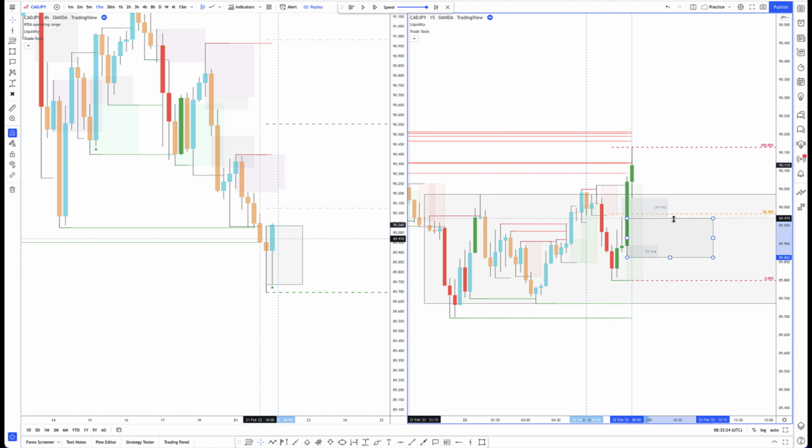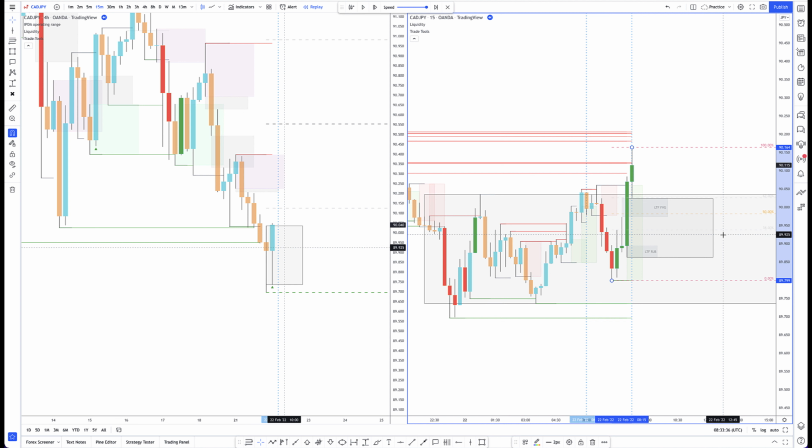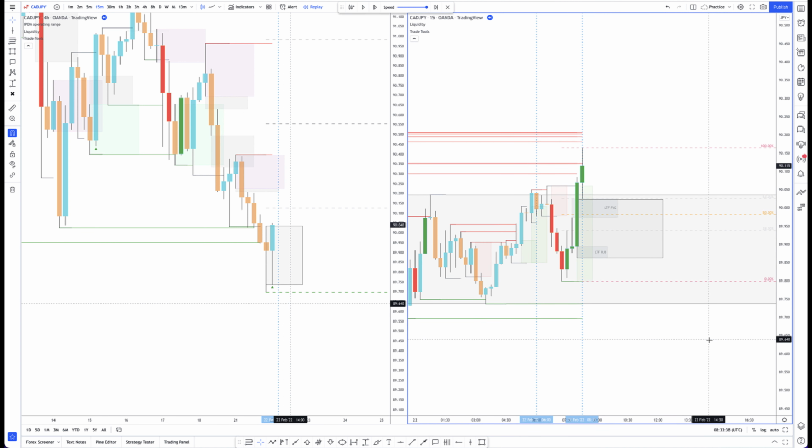Reduce it to 50%. I think I'm okay doing this one because this falls in probably 62%. Okay, let's see. Let's set up our risk reward.